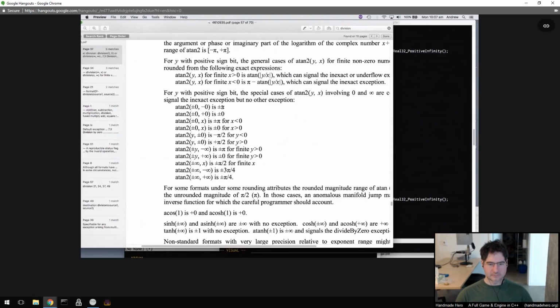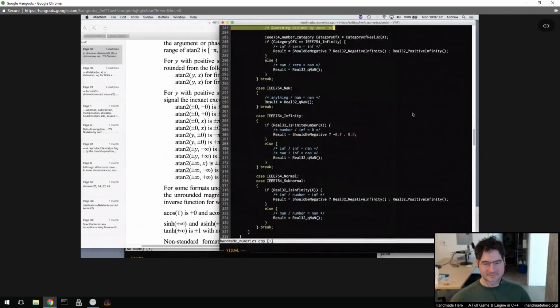It's just the way the spec is written, and what can you do? That's what it means to be compliant. Your C standard library or your C++ standard library has to be compliant, otherwise it's not implementing the IEEE standard. That means it's got to get all of these edge cases right.